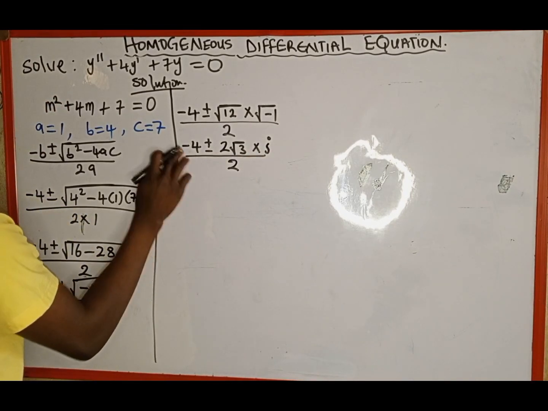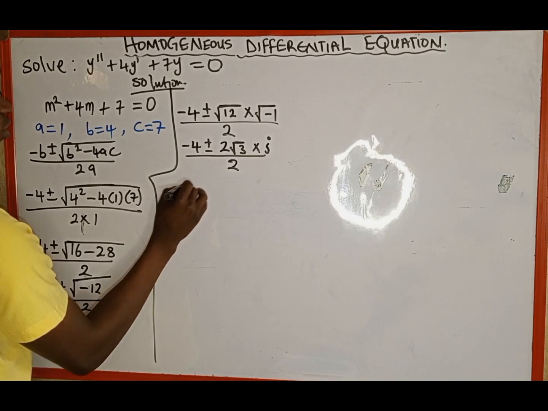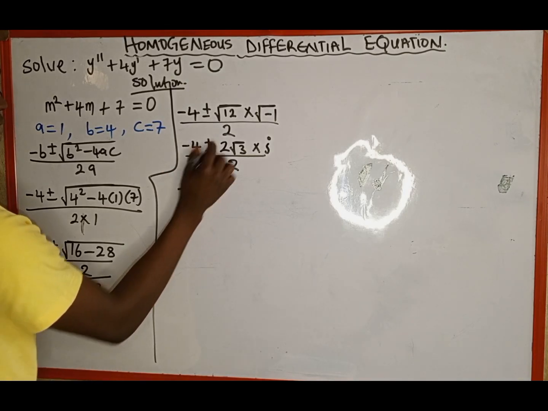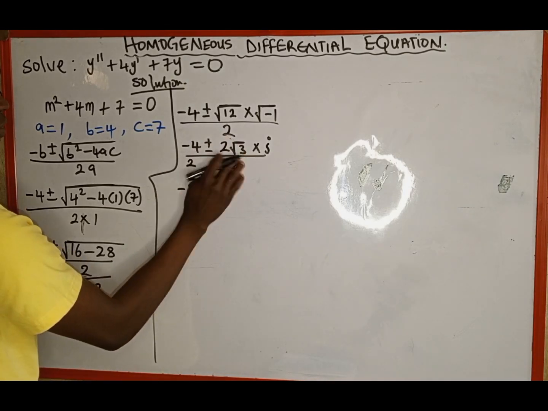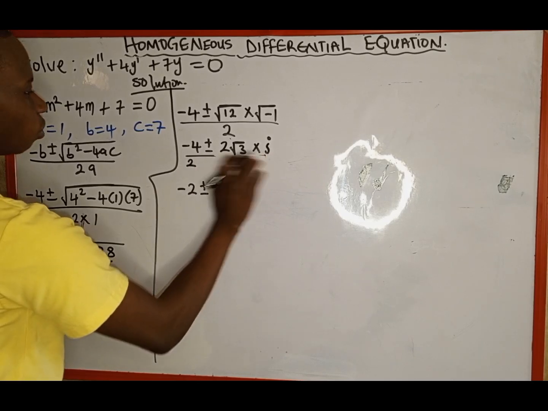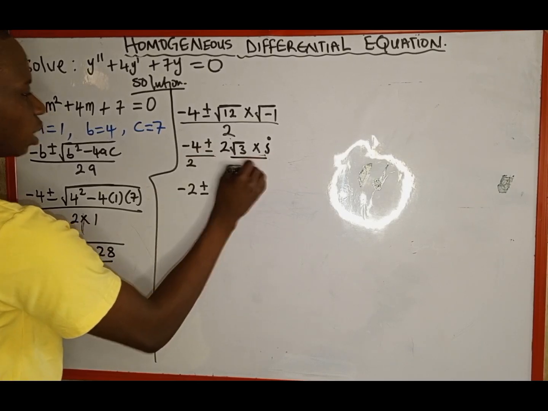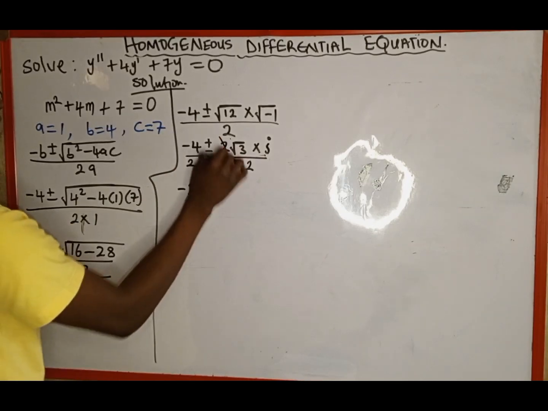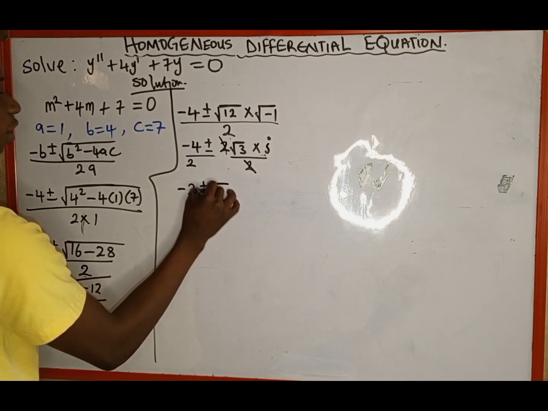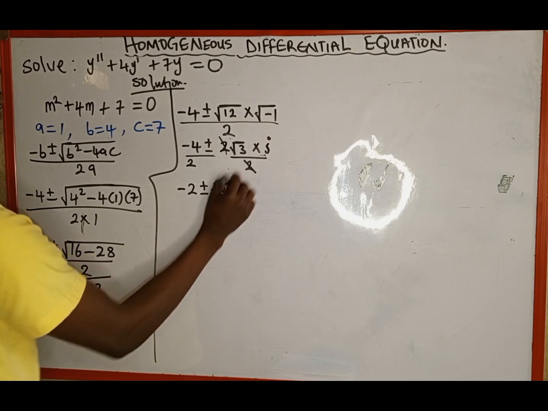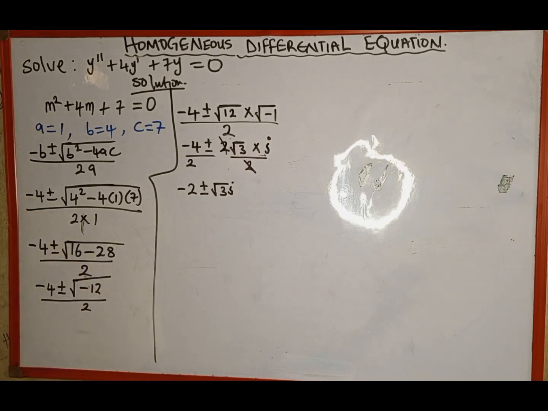If you divide through by 2, minus 4 divided by 2 is going to give us minus 2, plus or minus this. We have 2 here. We can share these 2 to them, so that this will be minus 2, then these 2 will cancel these 2. We're going to have root 3, then multiplied by i is going to be root 3 i.